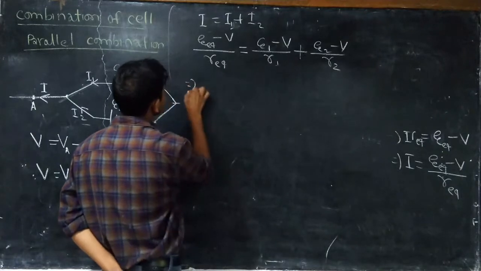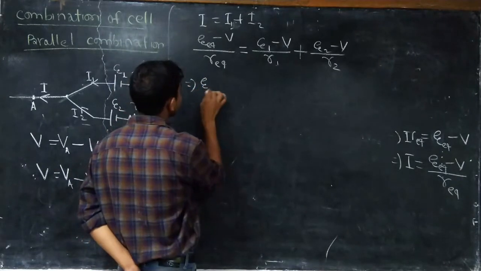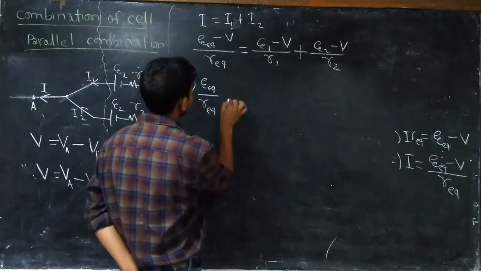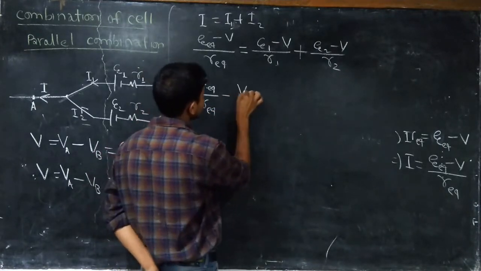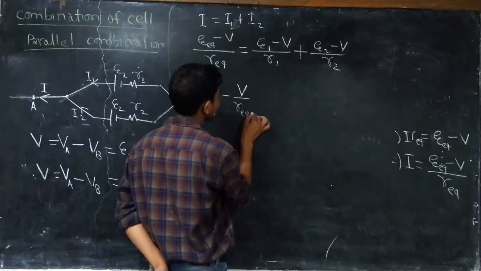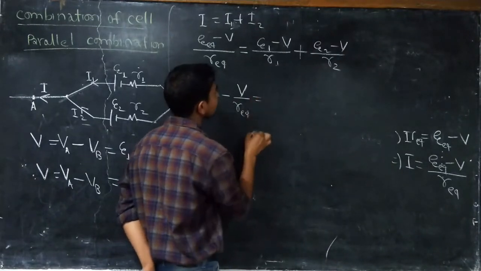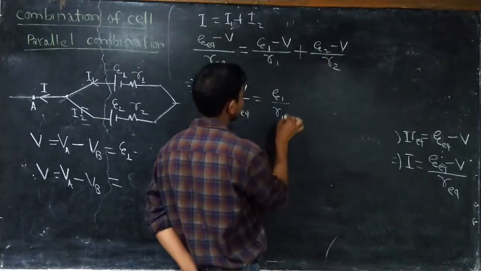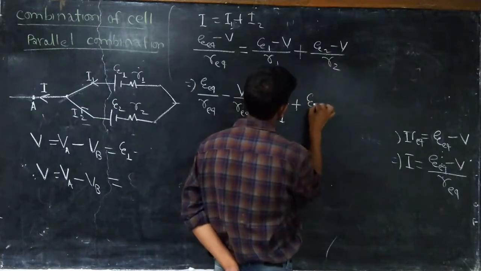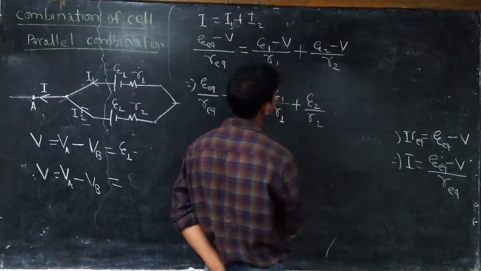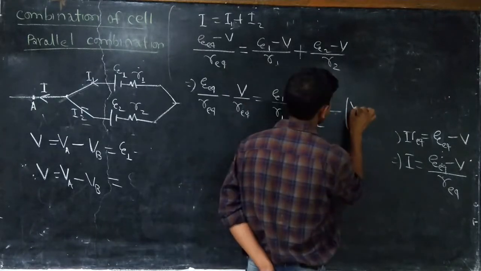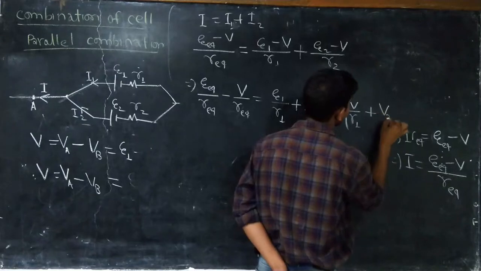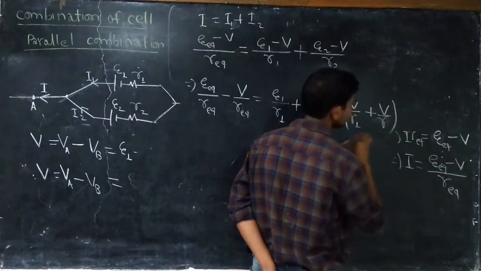So see, further we can write like this: E equivalent by R equivalent minus B by R equivalent is equal to E1 by R1 plus E2 by R2 minus B by R1 plus B by R2, right?